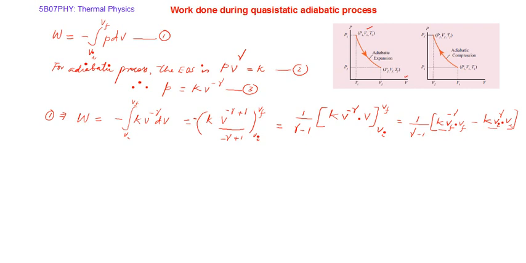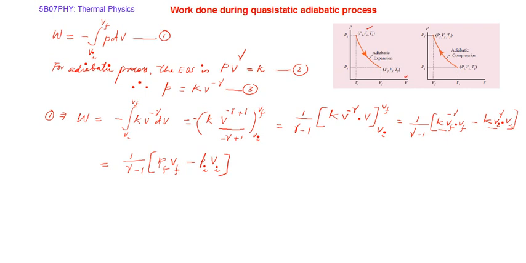So I can write this is equal to 1 by gamma minus 1 times Pf along with that Vf is there. What is remaining? Minus Pi Vi. Pf Vf minus Pi Vi. Okay.